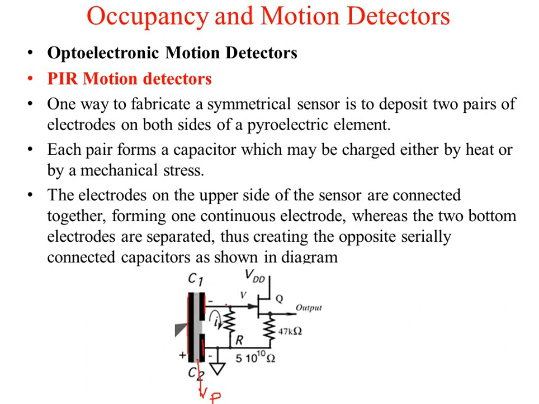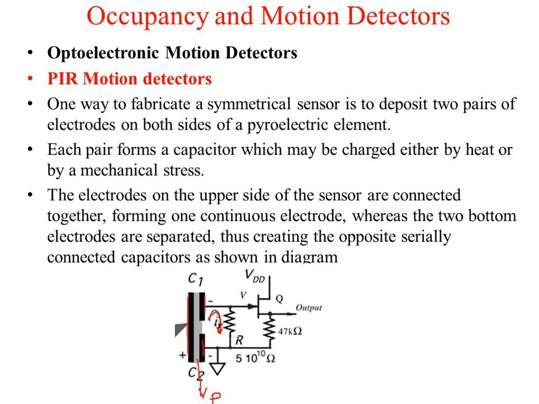Now this will be connected to the circuit, which will amplify and convert this into an output which is proportional to the heat radiated to this one. Okay, now what we consider: the charge will be collected and this charge will flow through this resistance R. This resistance R is a very high resistance, in terms of 50 giga ohm.